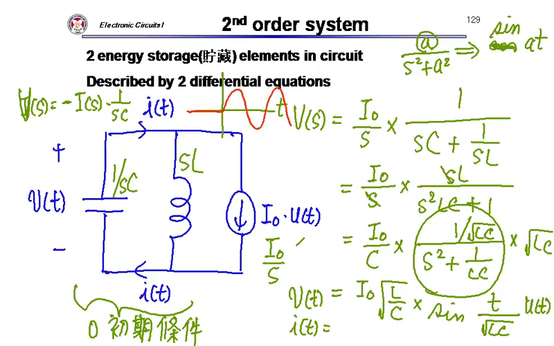It keeps on oscillating. My inductor current will change, something like that. If you compare the sum of energy, it should be the same, right? They just exchange energy with each other.